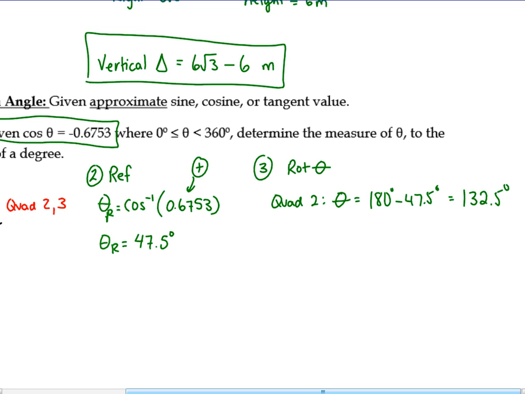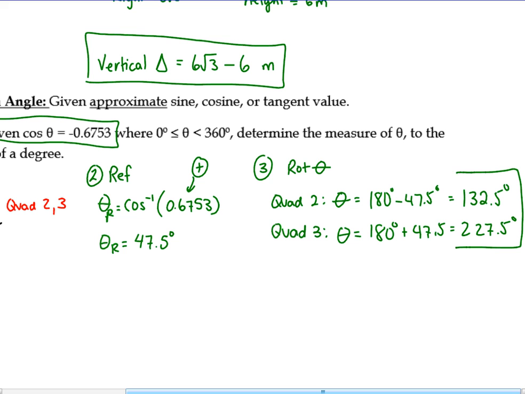Can't spell vertical, but I can subtract. Quadrant 3, how would you get that? 180 plus, always, which gives you 227.5 degrees. So there's your two solutions. Always double check your domain, because it might just be 0 to 180, so then it'll only be the first solution. We did it. We survived.